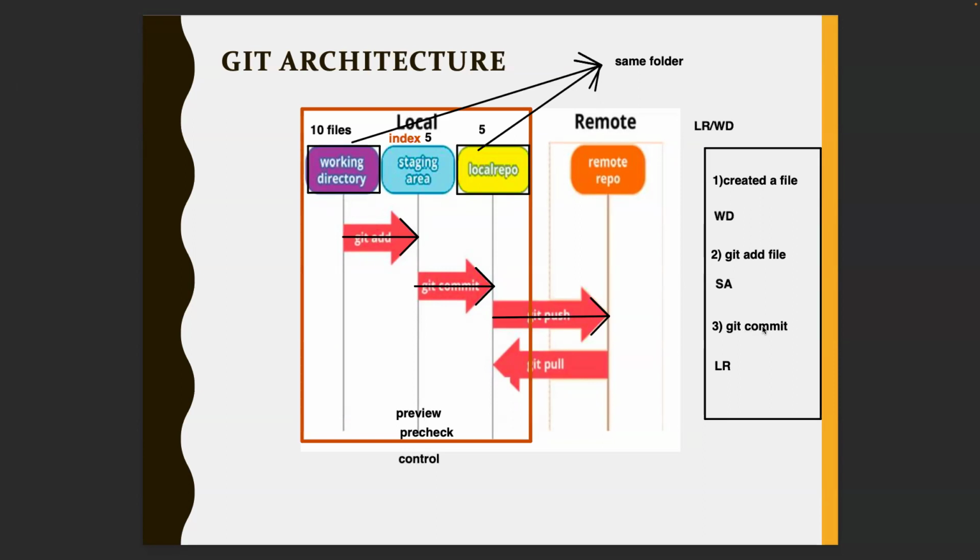Only on local. Git commit will make your changes available on the local repository. That's it. After git commit, if you want to make them available on remote, you have to run git push. Then only they are available on remote. Otherwise, no. Okay, got you. Thank you.